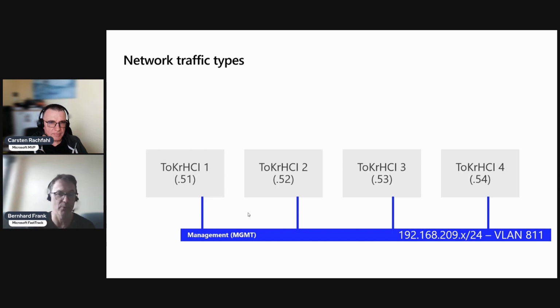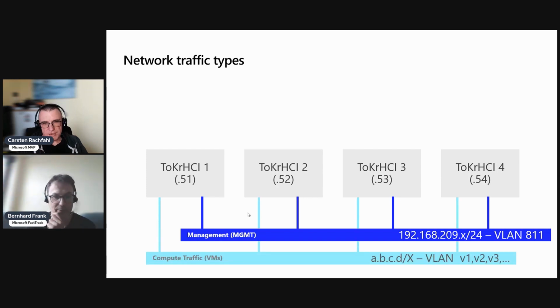So we do have 4 nodes. Each node gets an individual IP address suffix, if you will. So the .51, .52 to .54. The management network uses a VLAN. It is on a Class C network with the IP address range at the bottom there, right?